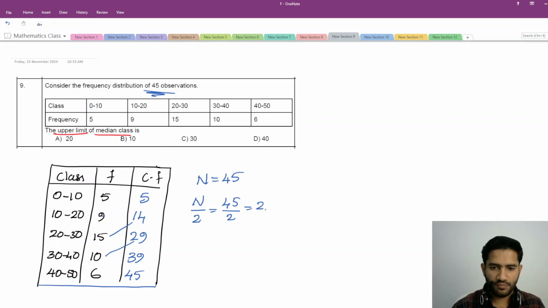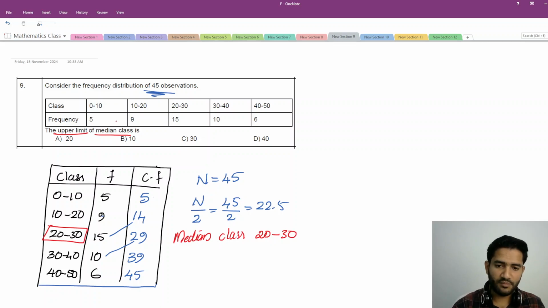It is 22.5. 14 is less than 22.5, so 29 is the nearest to 22.5, so the median class is 20 to 30. Now what's the question? Upper limit. Surely 30 is the upper limit. So C is the answer. Upper limit is 30. Lower limit is 20. Upper limit is 30.